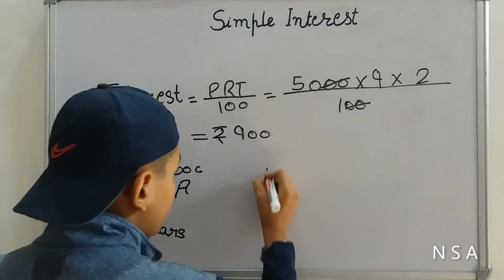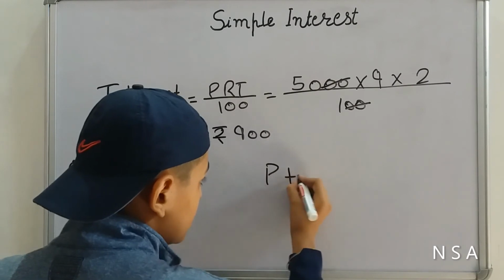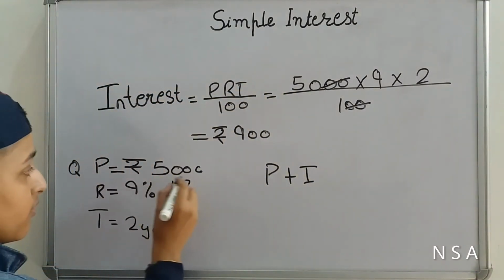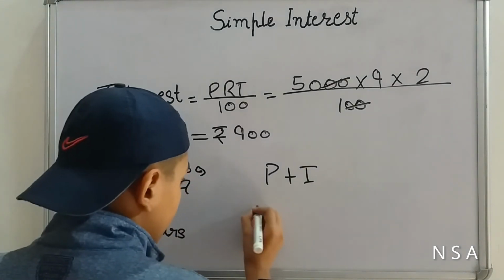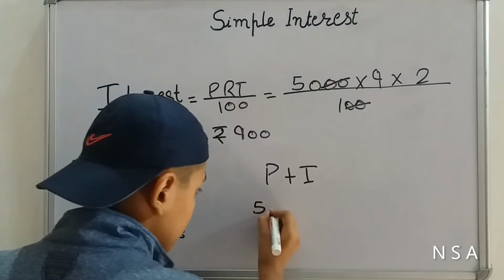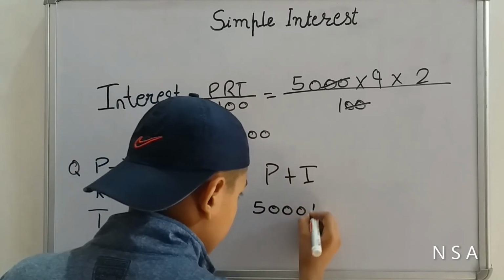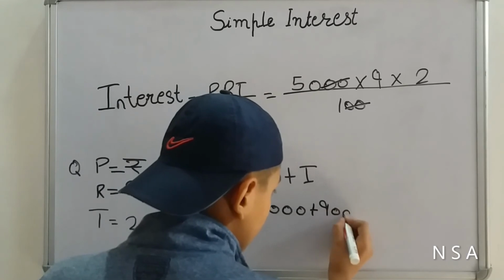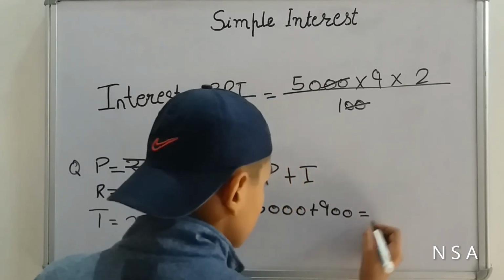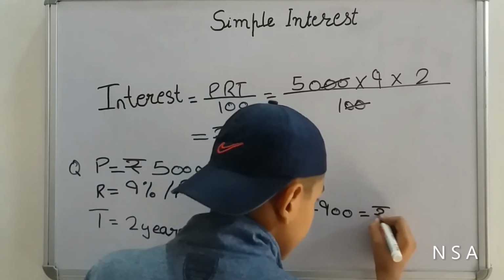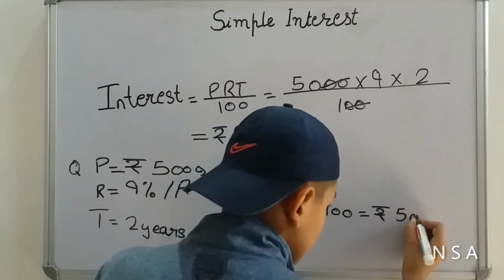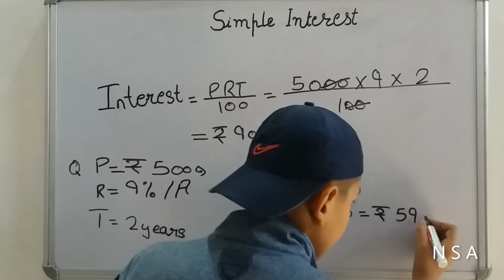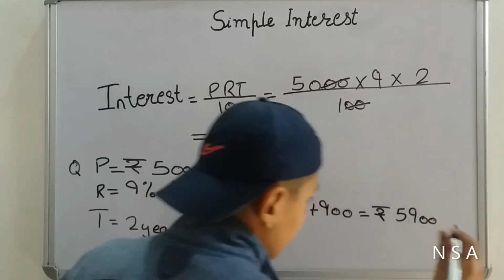Now, principal plus interest. Principal 5,000 plus the interest 900 is equal to rupees 5,900.